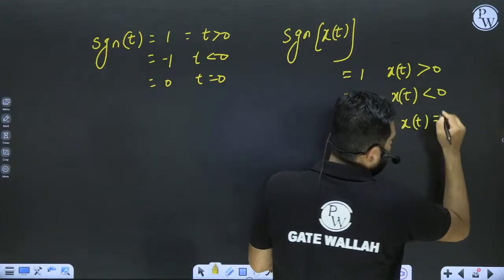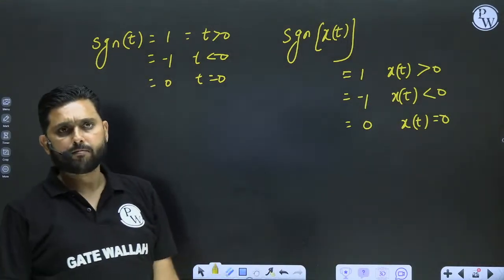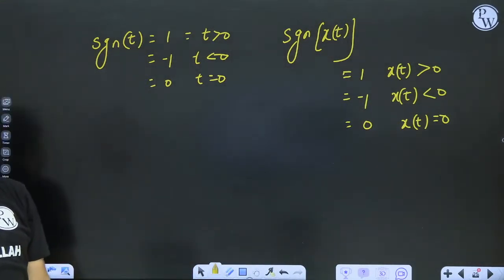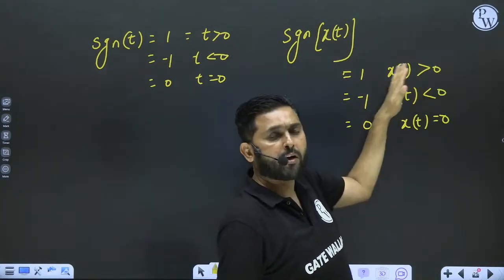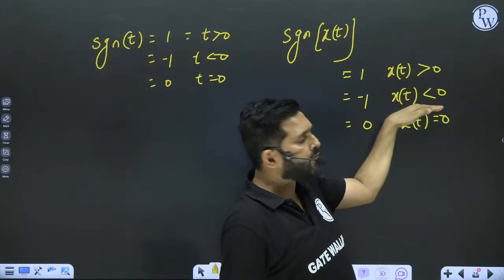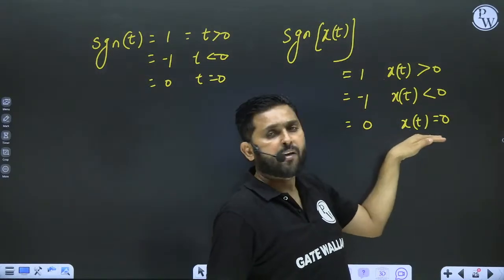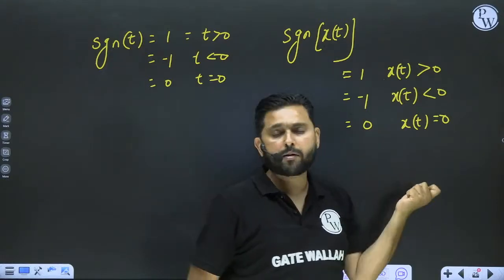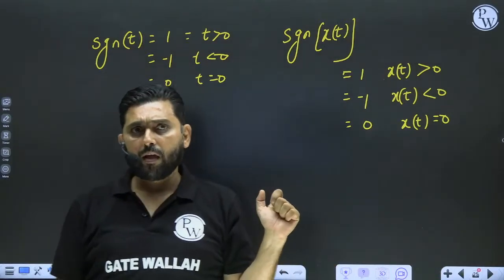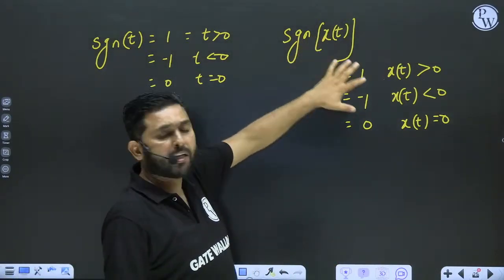Same definition. Whenever x(t) is greater than 0, it will give you 1. Whenever x(t) is less than 0, it will give you minus 1. Whenever x(t) is equal to 0, it will give you 0. That's what the meaning of Signum of x(t) is.